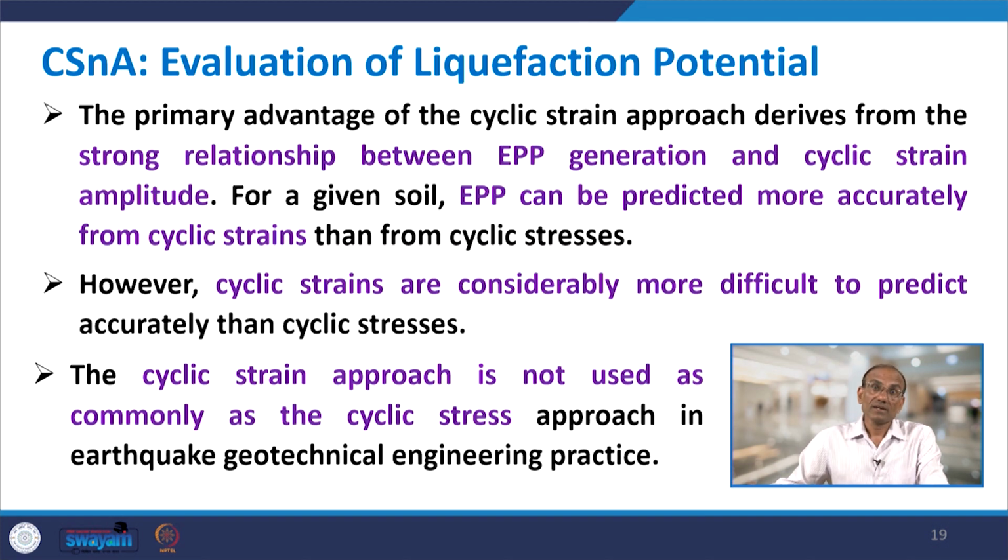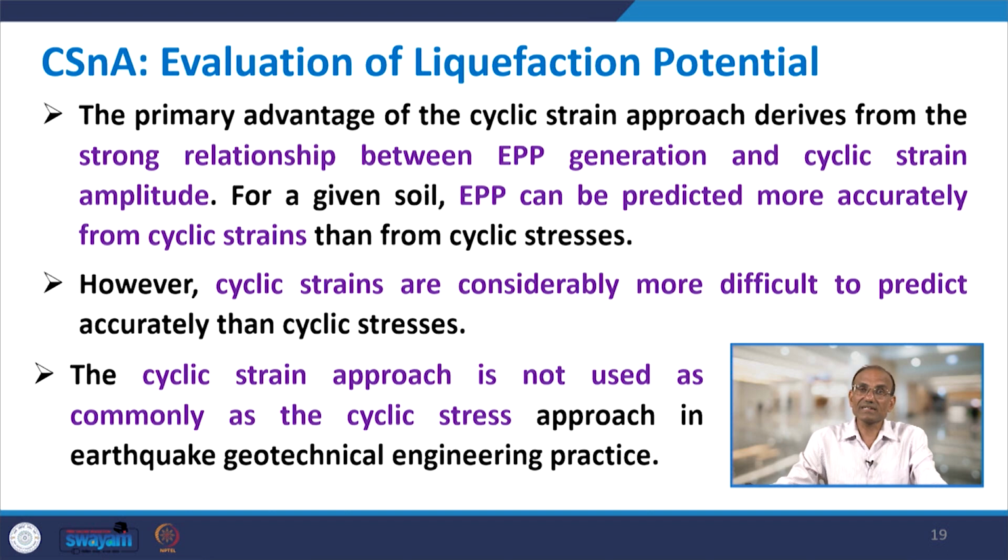The primary advantage of the cyclic strain approach derives from the strong relationship between excess pore pressure generation and cyclic strain amplitude. For a given soil, excess pore pressure can be predicted more accurately from cyclic strains than from cyclic stresses. That goes in favor of the cyclic strain approach.